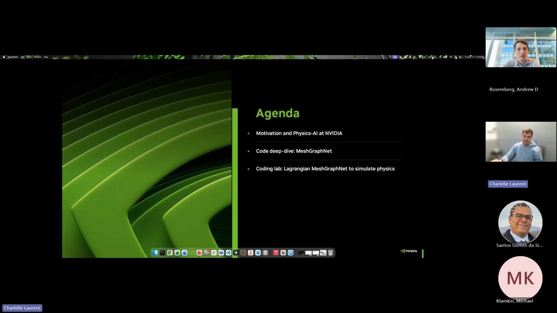And then in the last third of the session, we'll do a little bit of coding. I haven't tried it actually, so it will be a kind of live exercise even for myself. We'll try to code a Lagrangian mesh graph net. We'll go into that later.